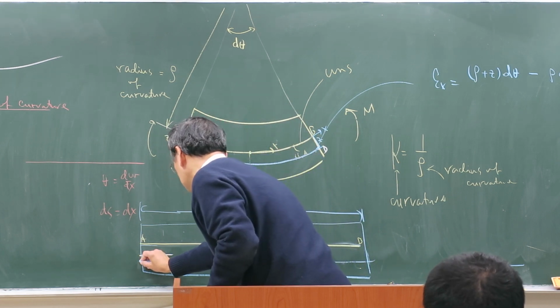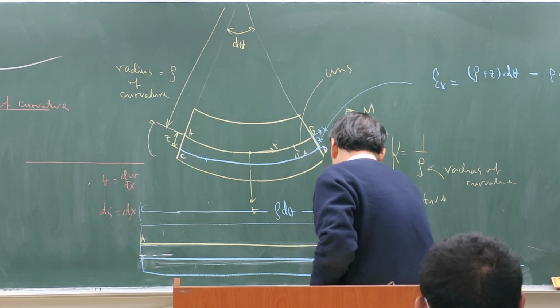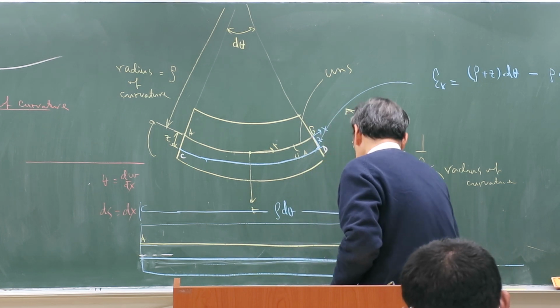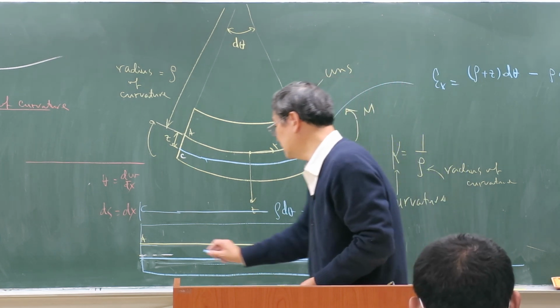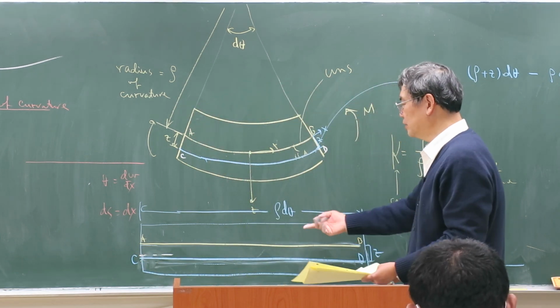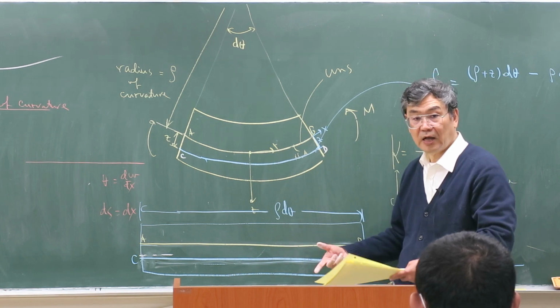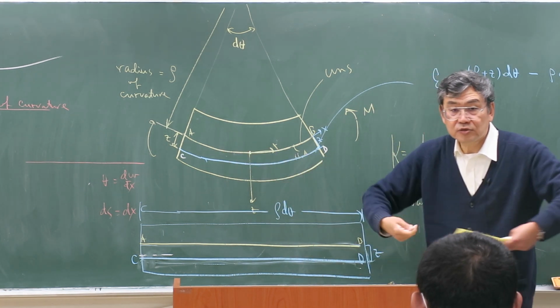This is Z, right? So this is C and D. Originally, their lengths are equal to the unstretched lengths. After bending, this blue line is stretched longer.